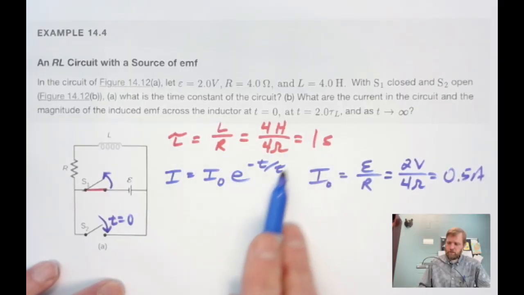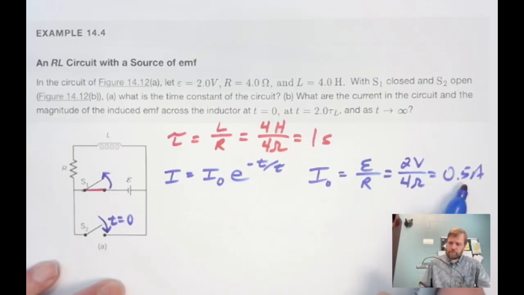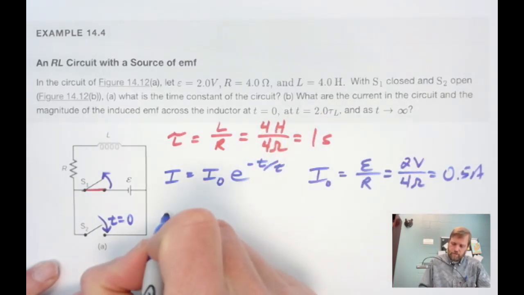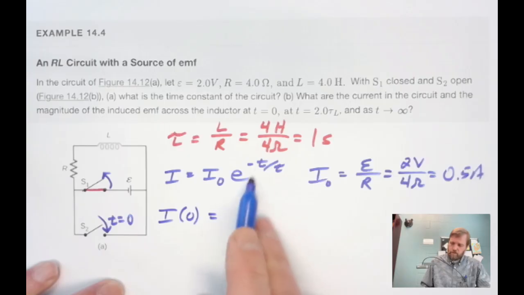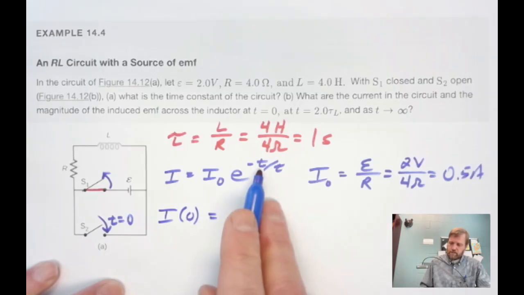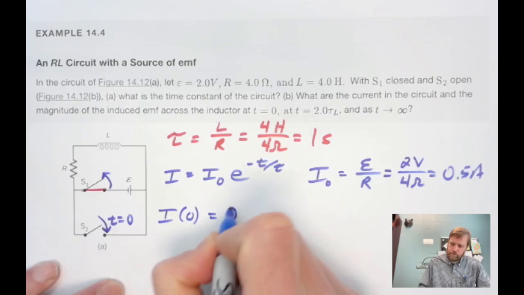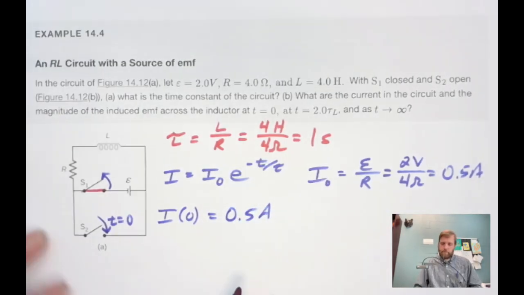Tau is 1 second, I naught is 0.5 amps. We just need to plug in these different values. So I of 0, well, if t is 0, then e to the 0 is 1. This is just equal to 0.5 amps.